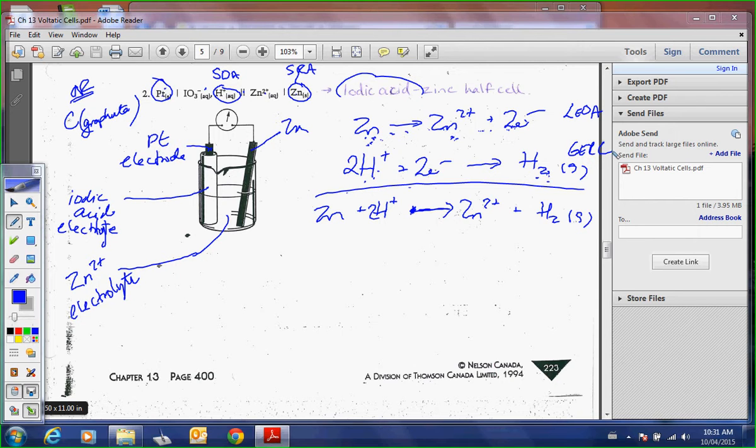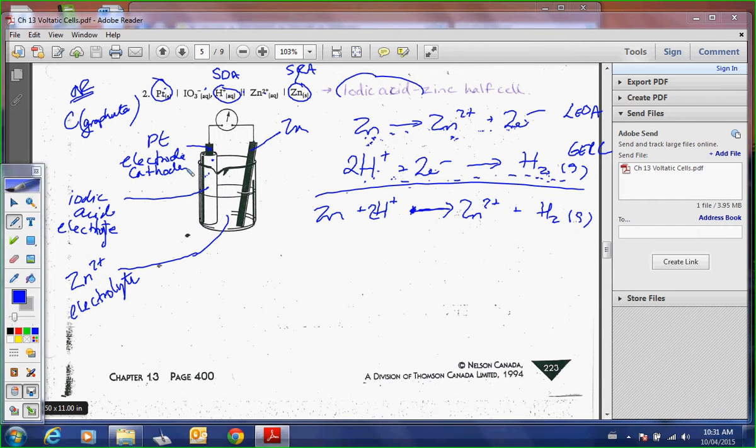What is my cathode? Platinum and iodic acid. Yes. What is my cathode? It isn't the H plus. This is the reaction happening at the cathode. Where is that? It's in here, in this porous cup. So therefore it's this electrode that is the cathode.